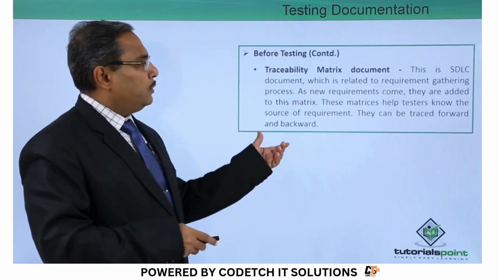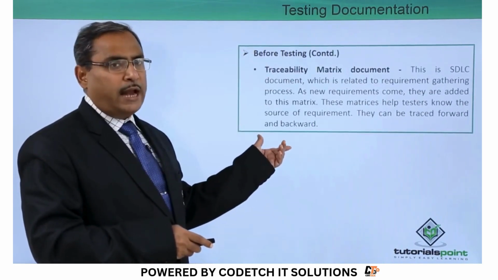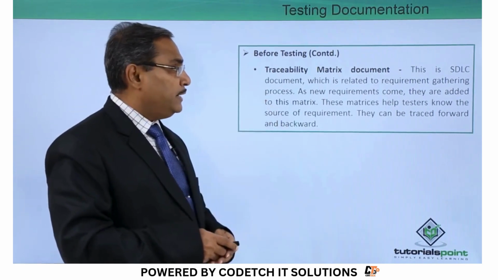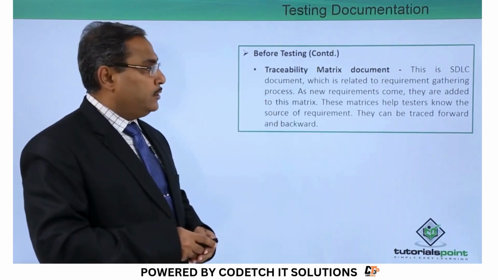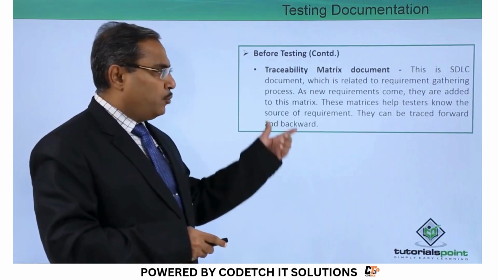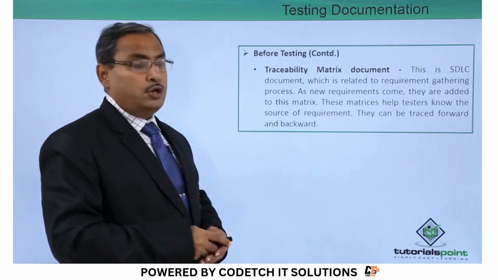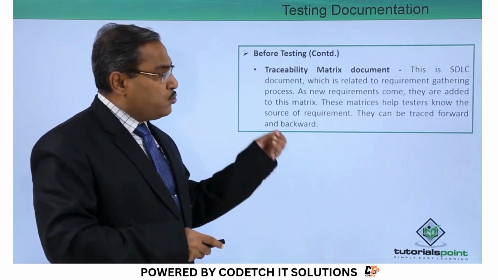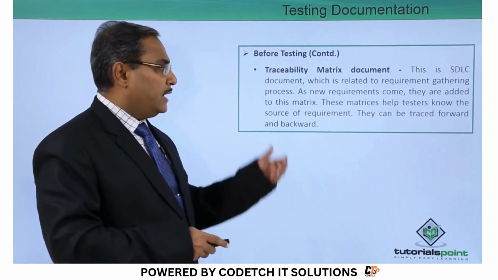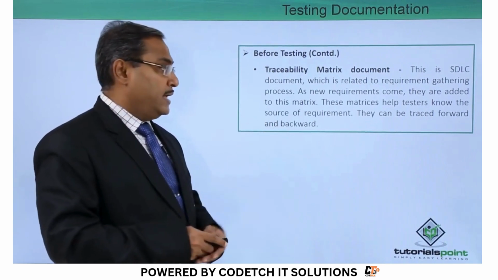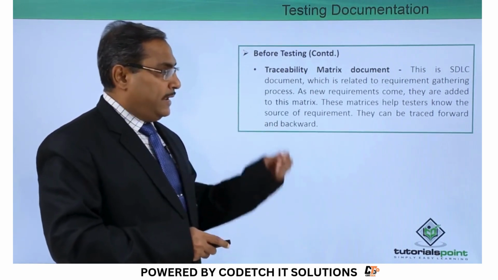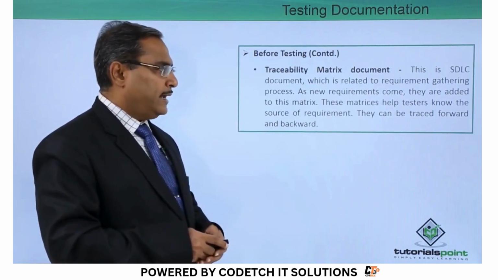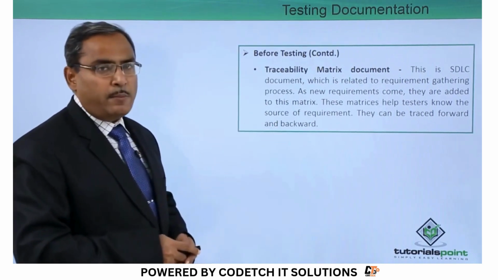Continuing with before testing, the last one is the traceability matrix document. This is an SDLC document related to the requirement gathering process, and as new requirements come they are added to this matrix. These matrices help the tester to know the source of the requirement, and requirements can be traced forward and backward.